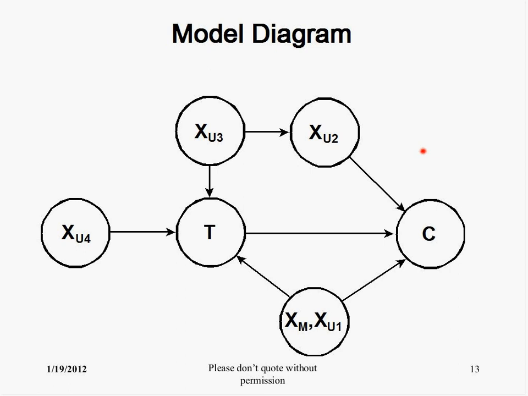What this looks like when it's done is that we have XU4, XM, XU1, and XU3 directly affecting treatment choice, but our cure probability is affected by treatment, XM, and XU1, and then XU3 affects both treatment and XU2, therefore providing a non-confounder related to XU2 also.